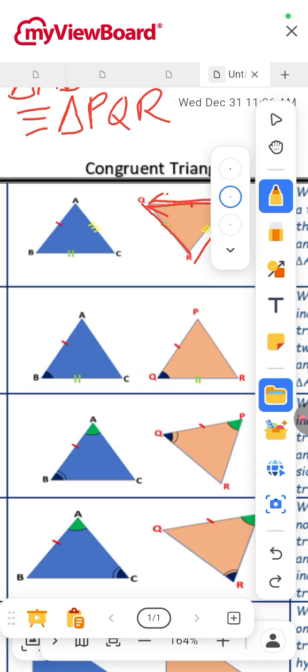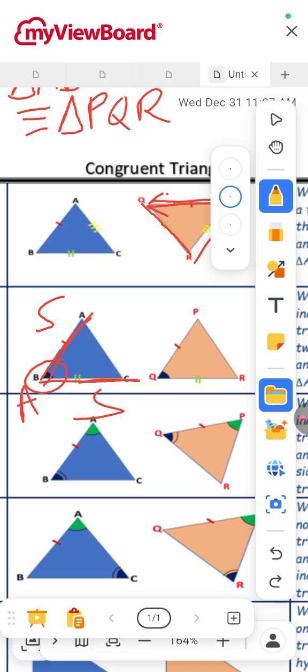Now, there is an angle denoted between the two sides, this angle here. So we can see that the angle B, that's the angle ABC, is found between the side AB and the side BC. So this one side, this another side, then the angle is in between them.